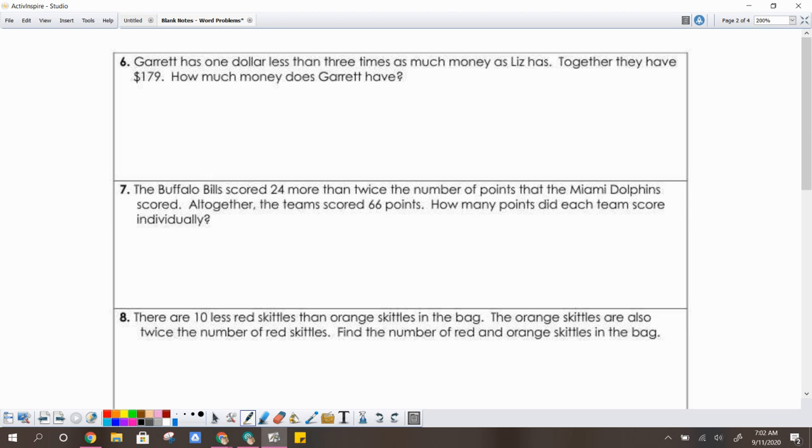So number 6, it says Garrett has $1 less than 3 times as much money as Liz has. Together, they have $179. How much money does Garrett have? So pause the video, try this one for yourself, come back when you're ready. Okay, so we're going to let x be Liz's money because Liz has the least amount of money.